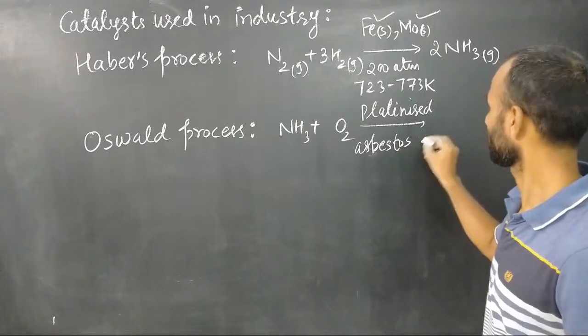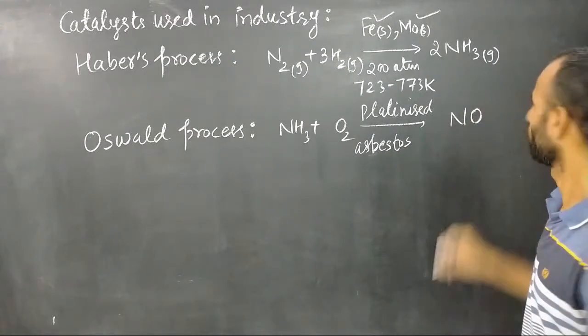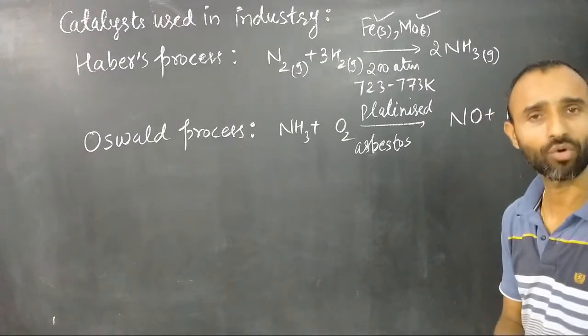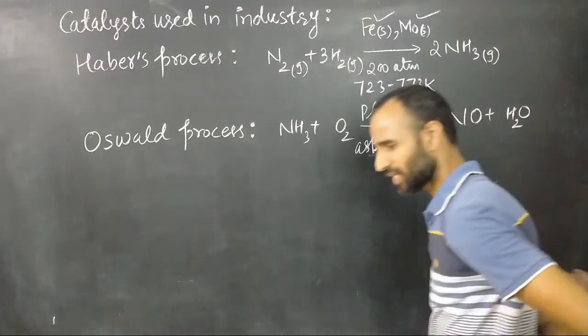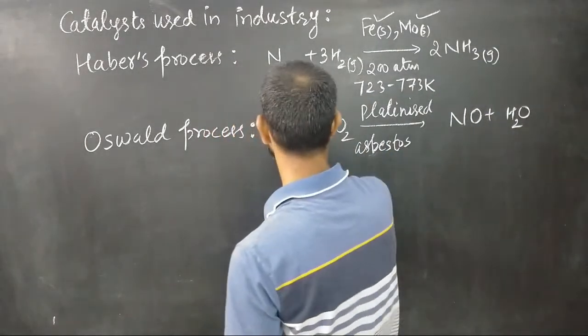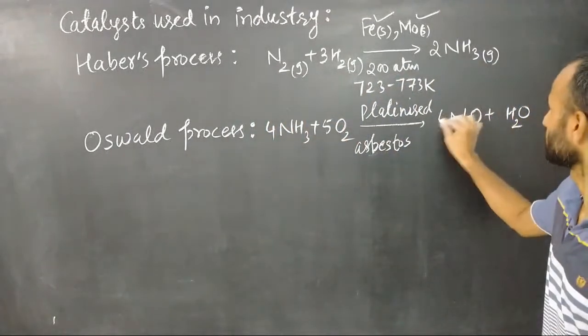It is used as a catalyst, okay, to give NO along with H2O. अब मैं बैलेंसिंग आपको सिखा नहीं रहा हूँ, सीधा नंबर लिख रहा हूँ. It is 4, 5 है ना, तो it is 4 and 6.